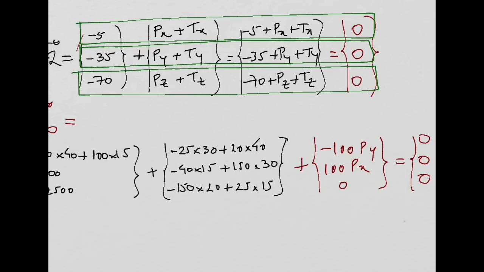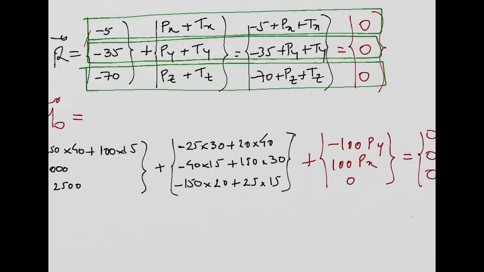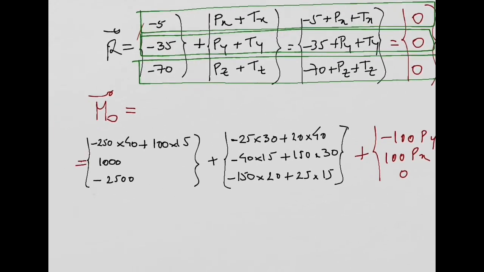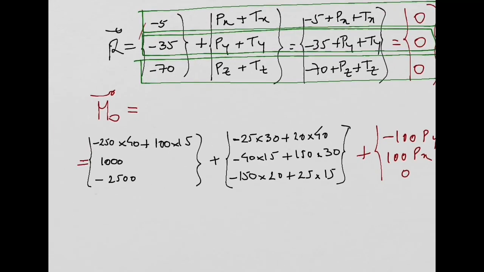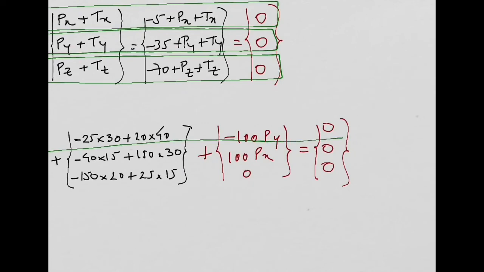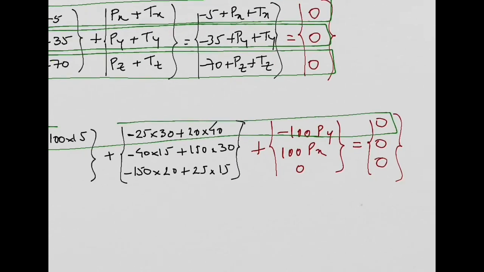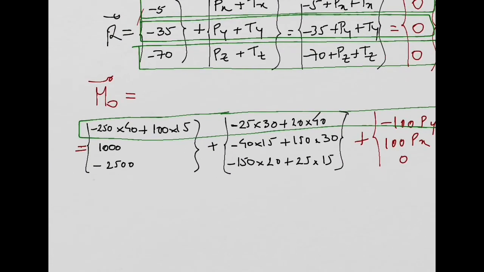Here you have your third equilibrium equation. Fourth equilibrium equation is summation of the x components of the moments equal to 0. So this is going to be our fourth equilibrium equation.